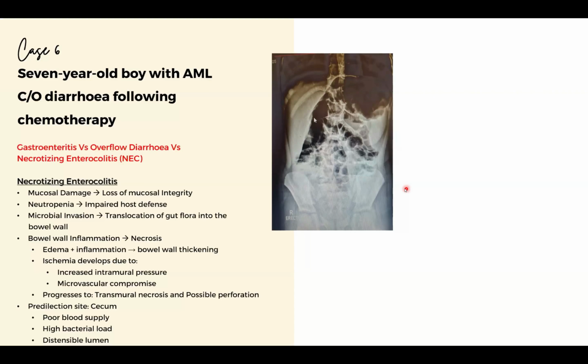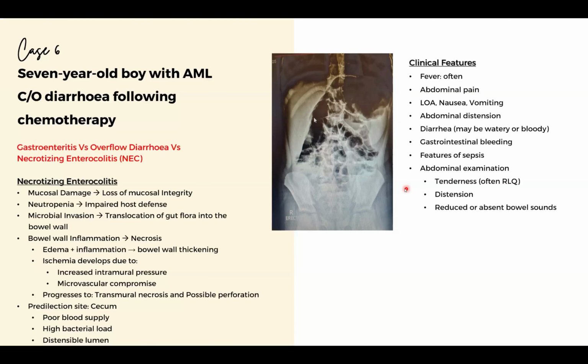All these cause edema, inflammation, bowel wall thickening, and ischemia due to increased intramural pressure, microvascular compromise, progressing to transmural necrosis and possible perforation. The commonest site is the cecum because it has the least blood supply and high bacterial load, and the cecum has a distensible lumen.